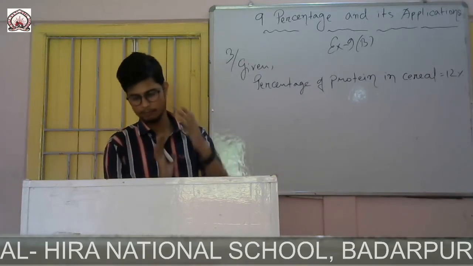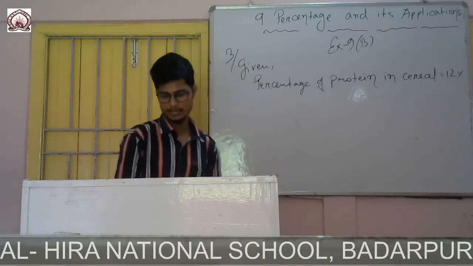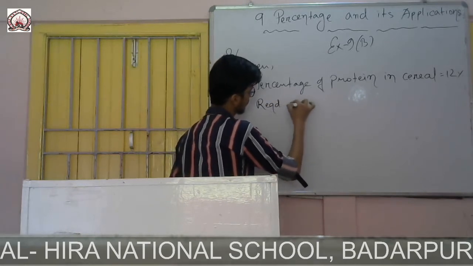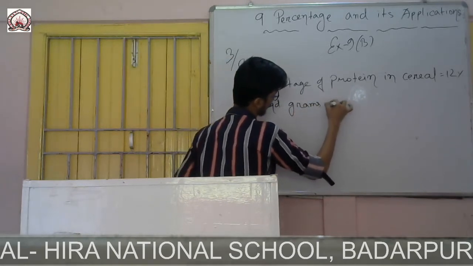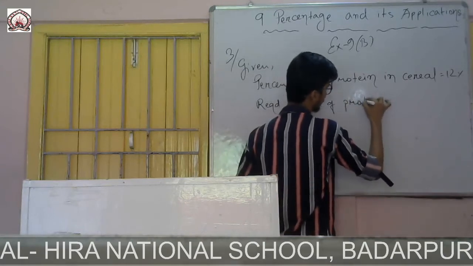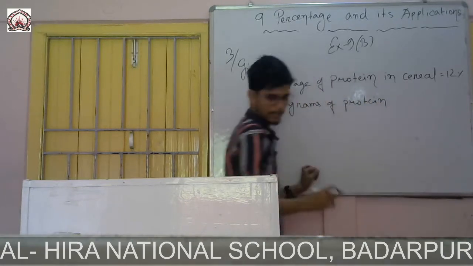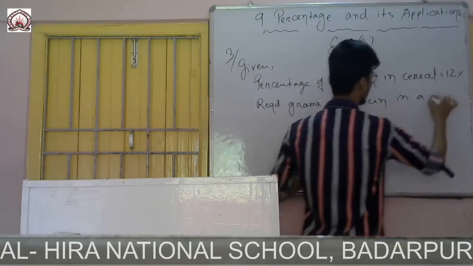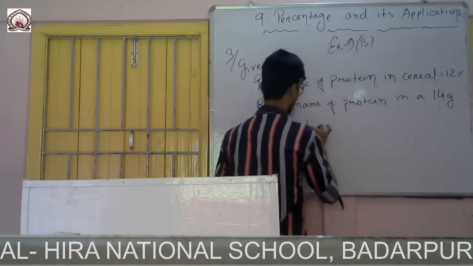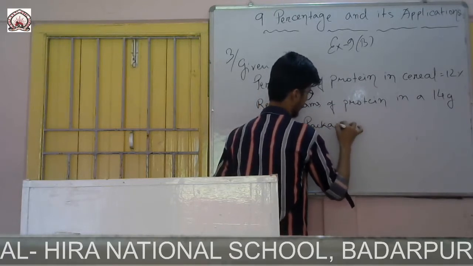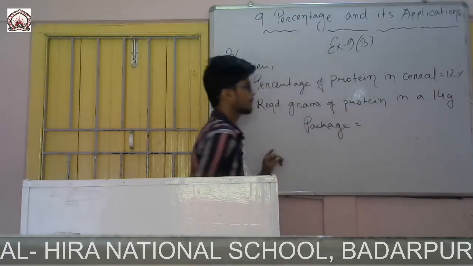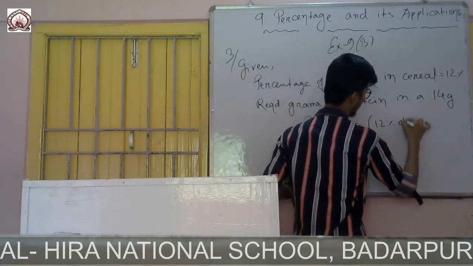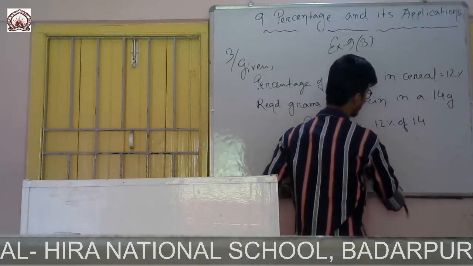If a packet is of 14 gram, how much protein will be there. So therefore required grams of protein in a 14 gram package will be simple, 12% of 14.